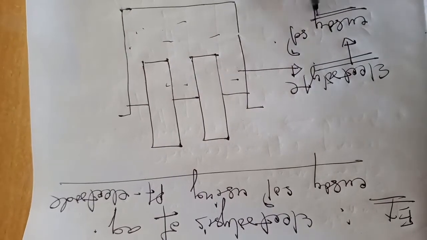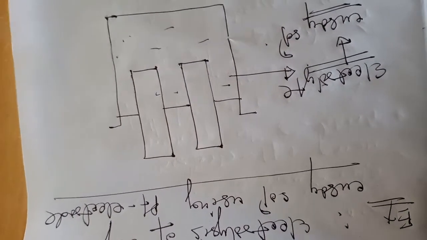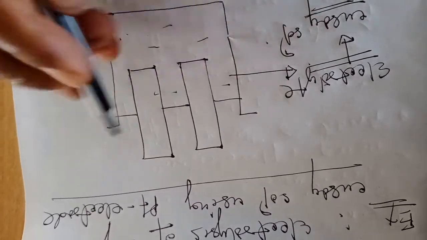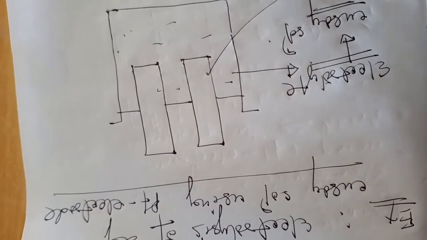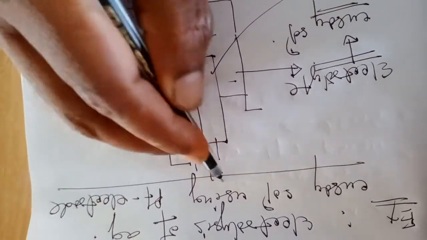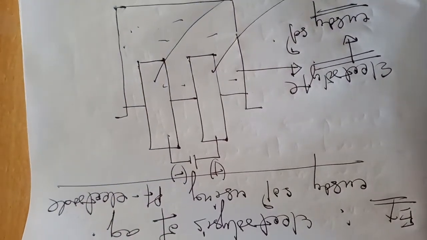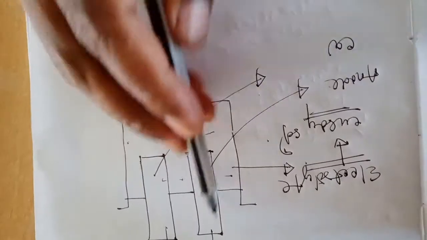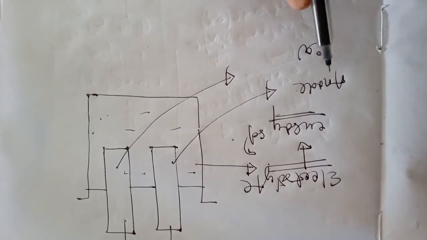In this electrolyte we dip electrodes. This electrode is connected to the positive pole of the battery, hence called the anode.